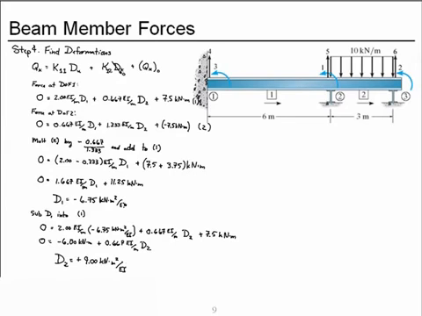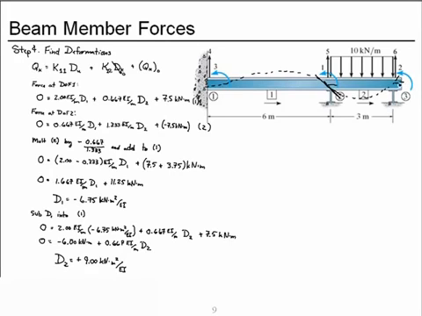Now the signs tell us important information about these results. We originally drew our anticipated elastic curve something like that. So our slope, or our rotation, is down here, clockwise, but counterclockwise would have been a positive slope, so we expect D1 to be negative.